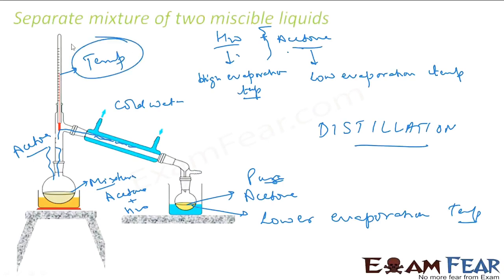Okay, so this method is used for separating components of a mixture of miscible liquids that have different boiling points or different evaporation temperatures. These should also evaporate without decomposition. It should be possible to evaporate them and get them back to liquid. With some substances, when you evaporate, it's all gone.